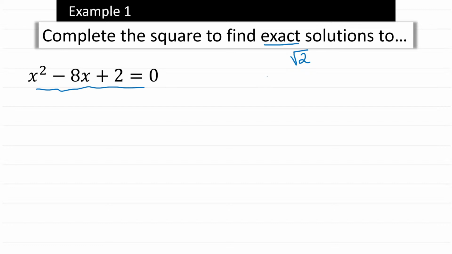Why is it not exact? Because it means you have rounded. Maybe it was 1.3334 for example, and then you gave your answer as 1.34. It means you have rounded your answer. It is therefore not an exact solution. An exact solution must be in radical form.